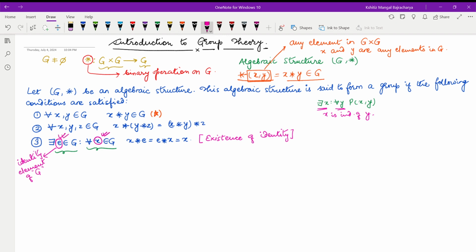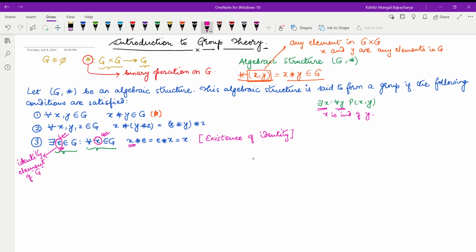For any element x belonging to G, the identity will be the same.